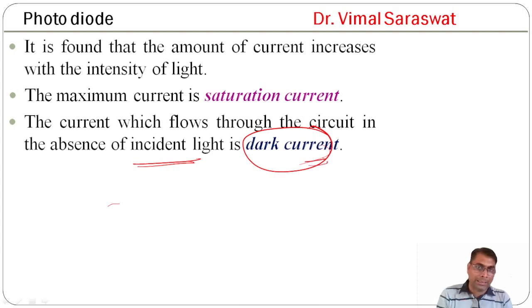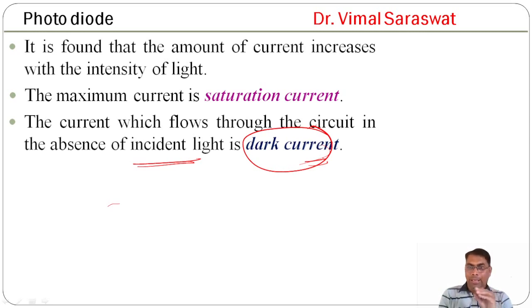So dark current is a current which flows through the circuit in the absence of incident light. It means when there is no light falling on the photosensitive material, then also we get some amount of current, and this current is known as dark current.